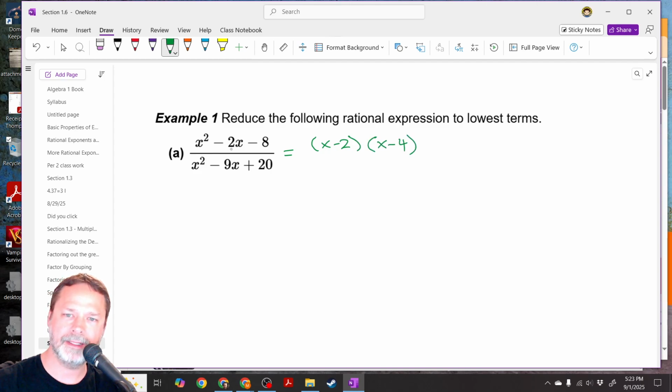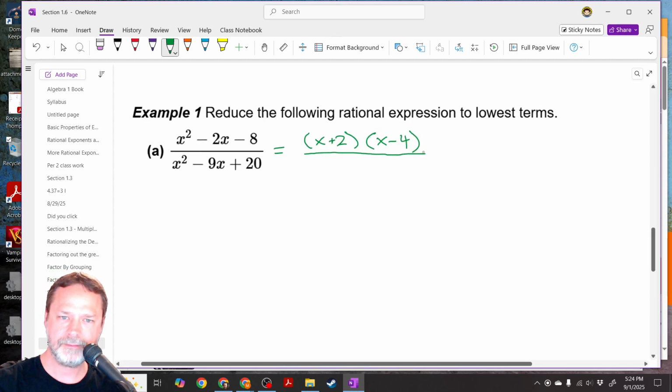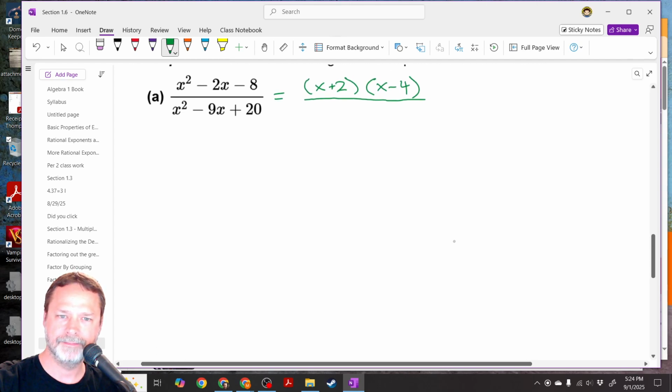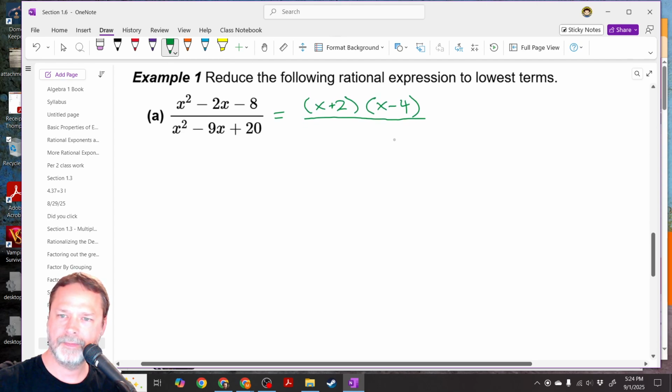That's not going to get me negative 8. I need negative 8, so let's make this plus. There we go: x plus 2 times x minus 4. That's the factorization of the top, the numerator.